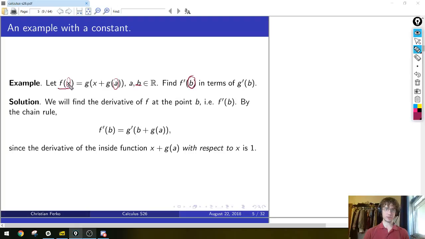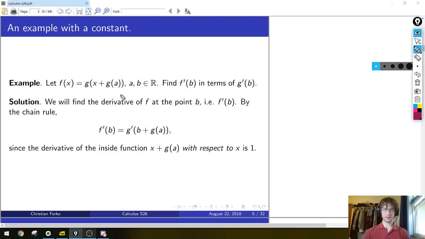So this is a function of a variable x, and we're asked to find the derivative at a particular point b. And we're asked to find that f prime of b in terms of g prime of b. So we should be careful. I mean, we know how to apply the derivative rules to this function, but you have to be careful about when you chain rule what gets differentiated on the inside.